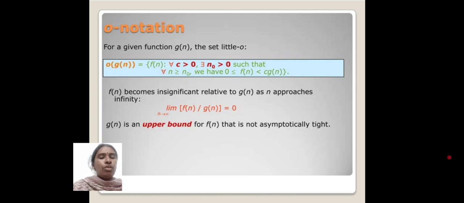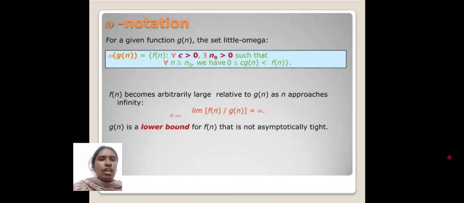We saw big O, big omega, big theta and little o notations. And little omega notation: for a given function g of n, the set little omega of g of n is the set of f of n such that for all c greater than 0, there exists some n naught greater than 0 such that for all n greater than or equal to n naught, we have 0 less than or equal to c of g of n less than or equal to f of n.